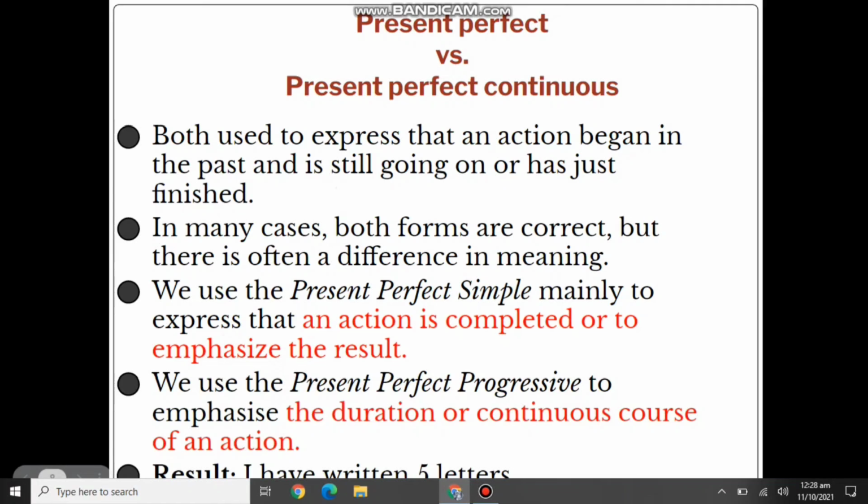Both are almost the same, but in some cases the meanings change.